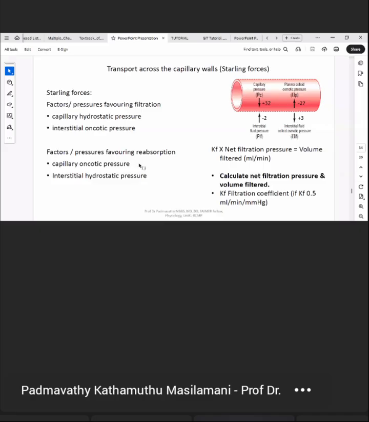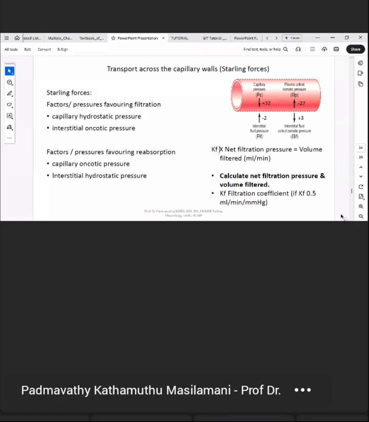So if the plasma protein is less, that will affect it. Any kidney disease or any liver disease will cause hypoproteinemia, right? In liver disease, because of decreased protein synthesis, and in kidney disease, because of increased excretion of protein, both will cause hypoproteinemia and a decrease in oncotic pressure. What determines the filtration coefficient?